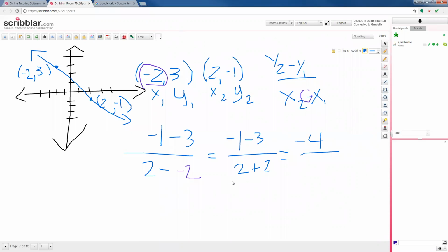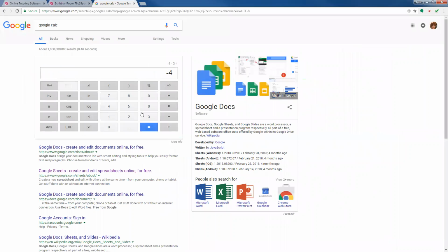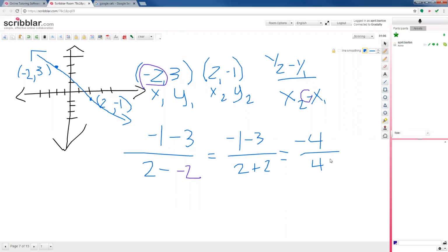And 2 plus 2 is 4. So then I always try dividing first. Maybe it's a fraction that needs to be reduced. Maybe it will just divide. So -4 divided by 4, -1. Just divided. So that is our slope.